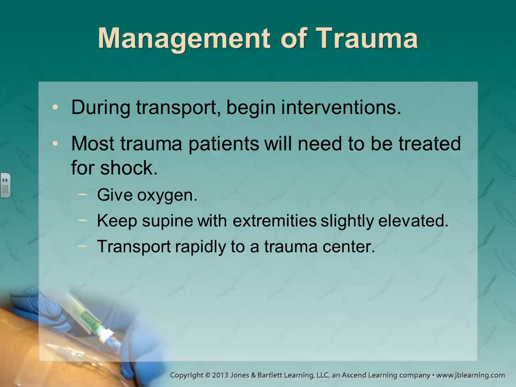Oxygen. Oxygen. So very important is oxygen, supplemental oxygen, and rapid transport. Now it says keep supine with extremities slightly elevated. It depends on what textbook you read. All right? You know, I don't really know what the science is behind that. As a matter of fact, everything that I've heard recently is the science says you don't elevate anything.